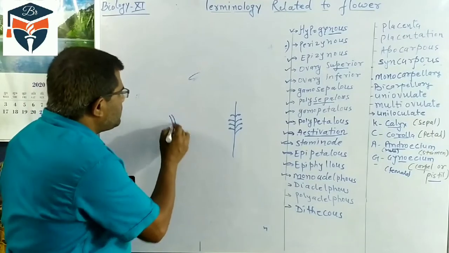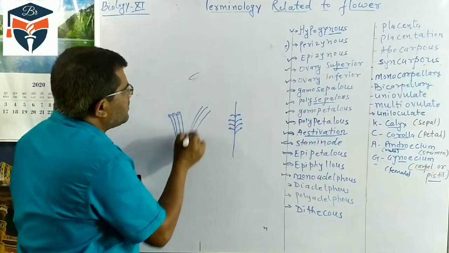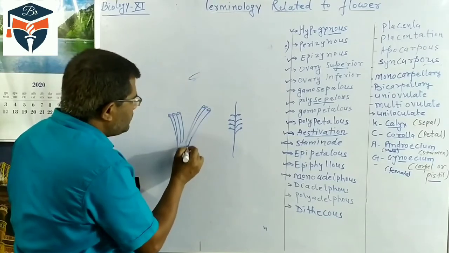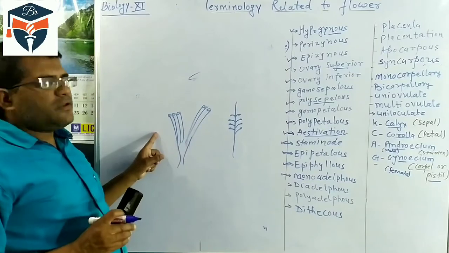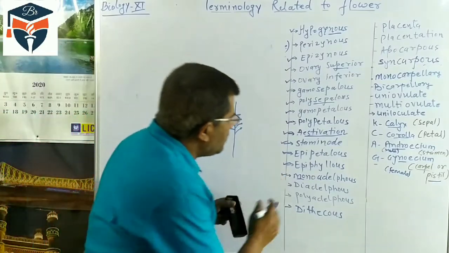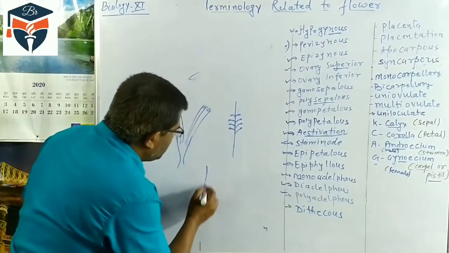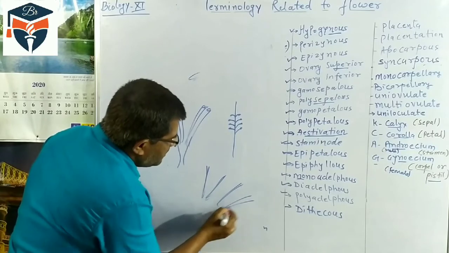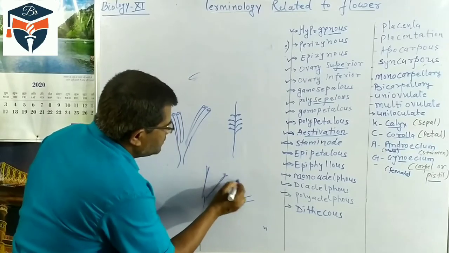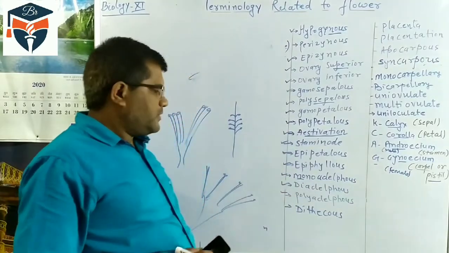If these are stamens and these are also stamens, then we observe the stamens are in two bundles: one bundle of stamens, another bundle of stamens. It is called diadelphous. If many bundles are there, one bundle, two bundles, three bundles, and many bundles of stamens, this type of condition is called the polyadelphous condition.